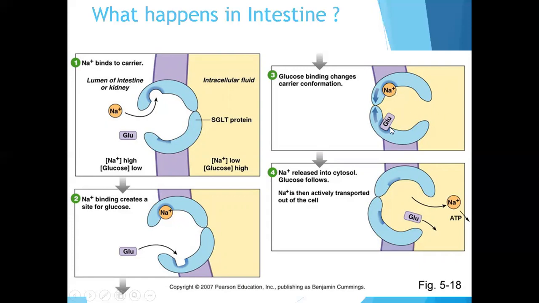Sodium and glucose are both solutes. So when they are found inside the epithelial cell, they will reduce water potential, causing water to enter the epithelial cell. This is how it causes rehydration of the internal environment of the body.